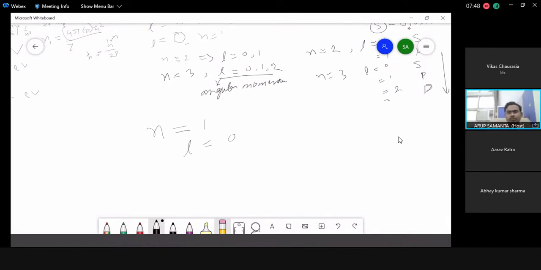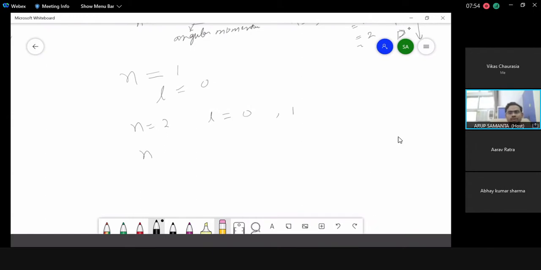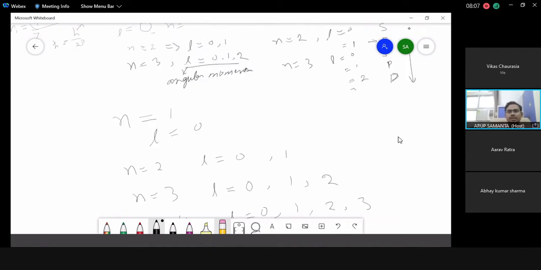For n equal to 2, l should be 0 and 1. For n equal to 3, l should be 0, 1, 2. For n equal to 4, l should be 0, 1, 2, and 3. So this distribution is by n.